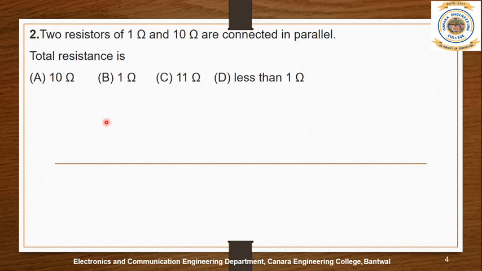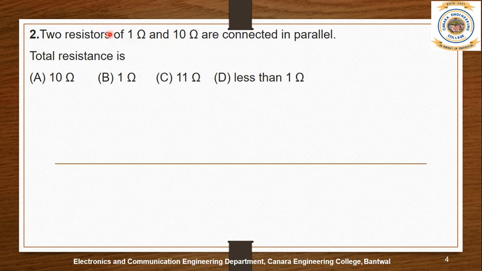Okay, we'll move to the next question. Two resistors of 1 ohm and 10 ohm are connected in parallel. Total resistance is, options are 10 ohm, 1 ohm, 11 ohm, less than 1 ohm.